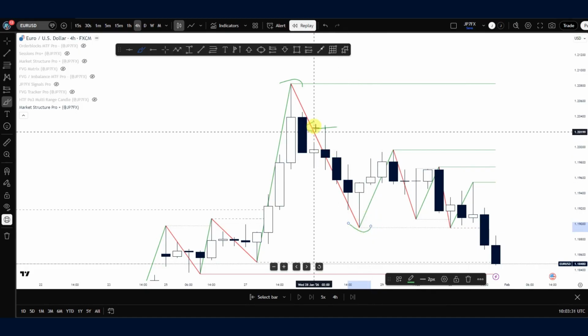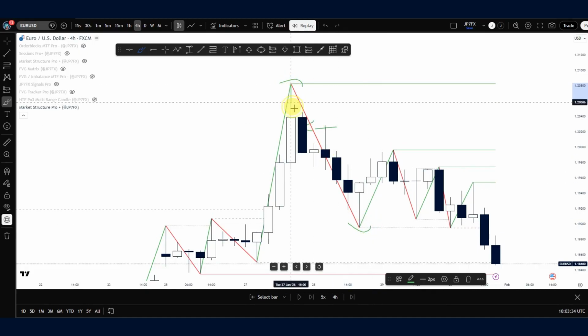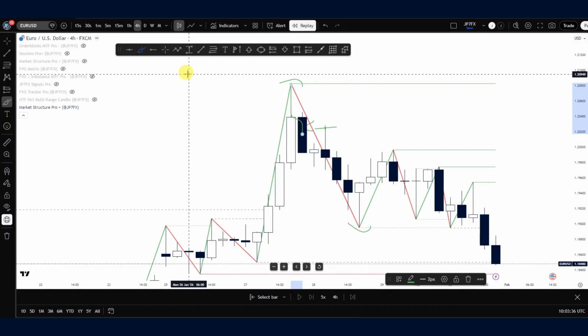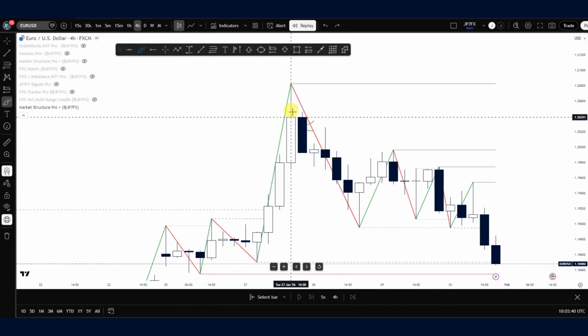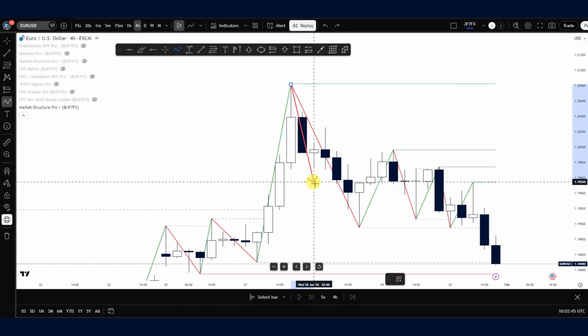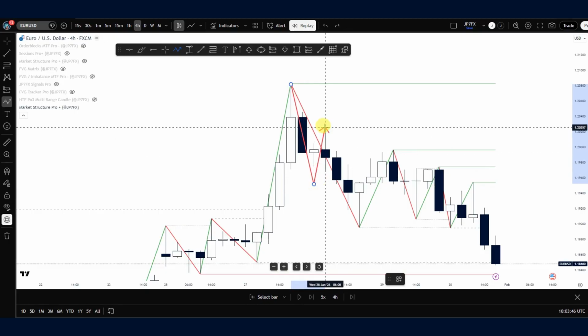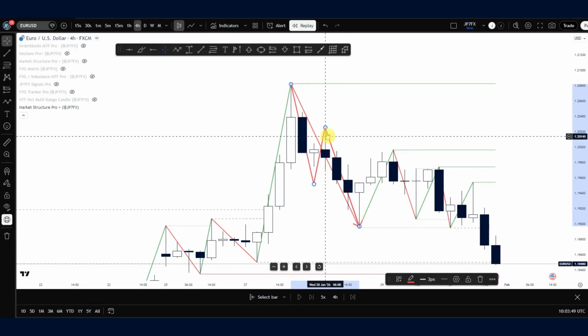It's this one here. Now, let me get rid of these lines. Because this structure didn't come back down, for example, down to here to create a low, then back up to here, that's why that line has not been marked out.